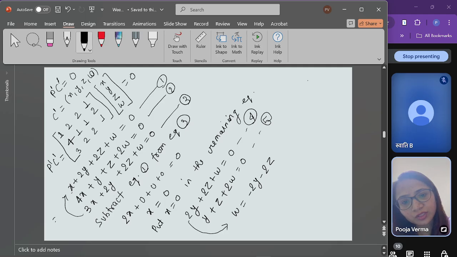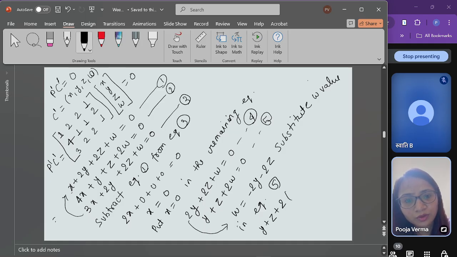Now substitute this w value in equation 5. So you will get y plus z plus 2 times minus 2y minus 2z. So again you will get y plus z minus 4y minus 4z is equal to 0, right?